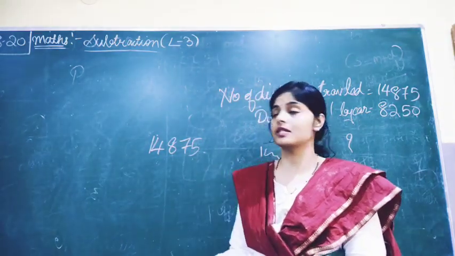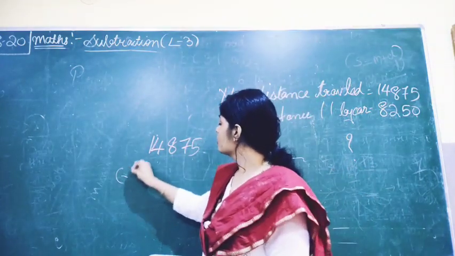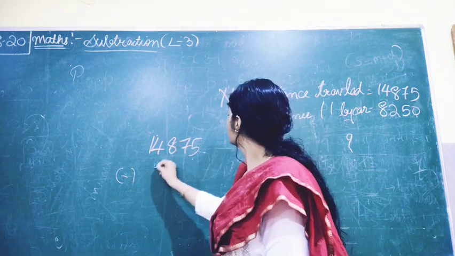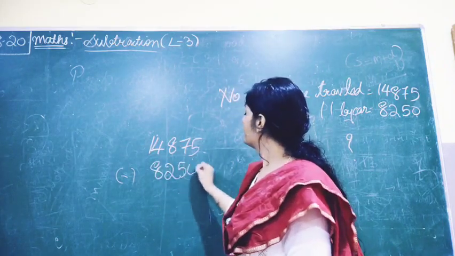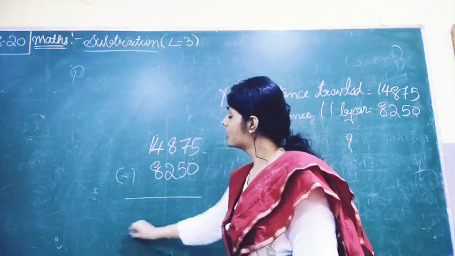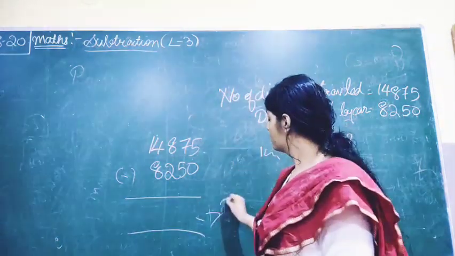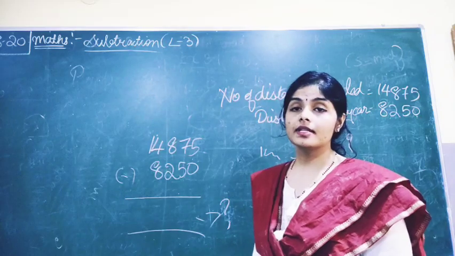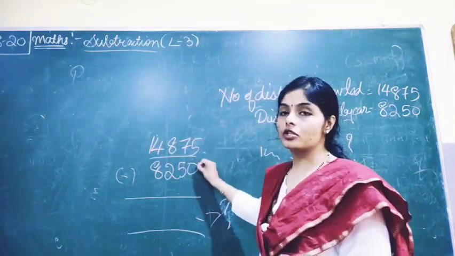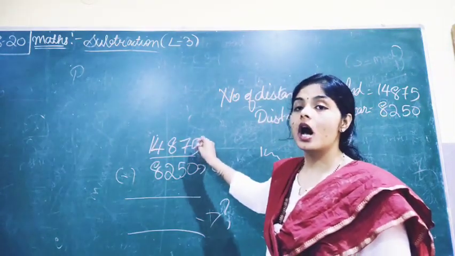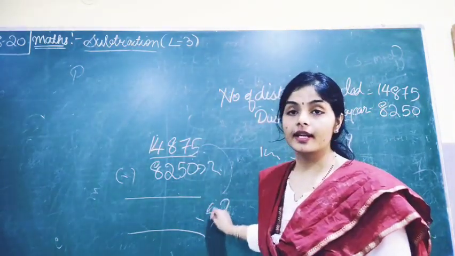You have to keep changing. So first you use your car. In the car you use 8,250. And how much did you travel by train? How many kilometers did you travel by train? For that you should subtract, because this is the total. So much you have used in the car out of this. Out of this, how much have you used for the train?